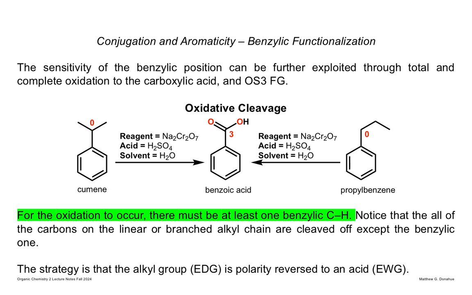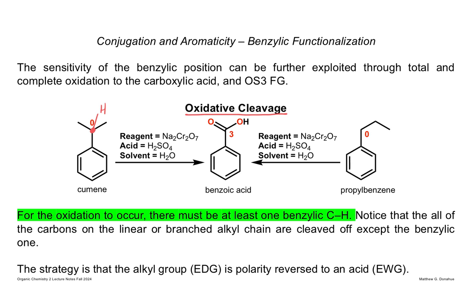A second benzylic functionalization is called oxidative cleavage. If we're starting with cumene at oxidation state 0 at the benzylic position, we see 3 bonds. We know the fourth has to be hydrogen. So for these conditions to work, the benzylic position has to have at least 1 hydrogen.